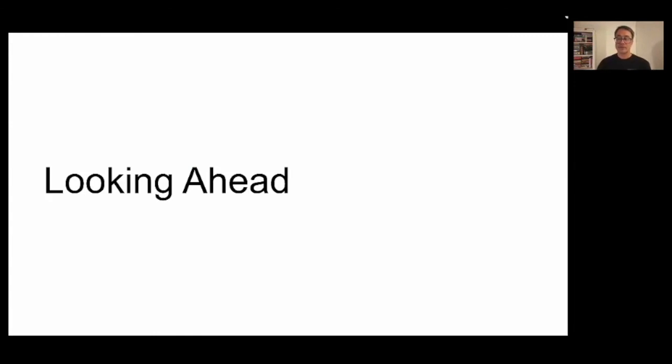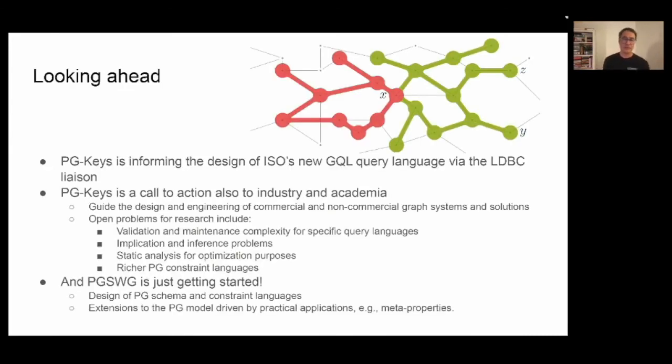Okay, so that concludes the overview of the results that are presented in our paper. Now looking ahead, PG keys is already informing the design of ISO's new GQL query language via the LDBC liaison with ISO.